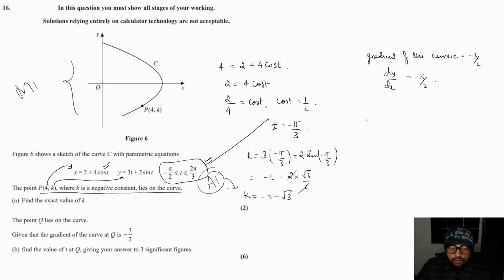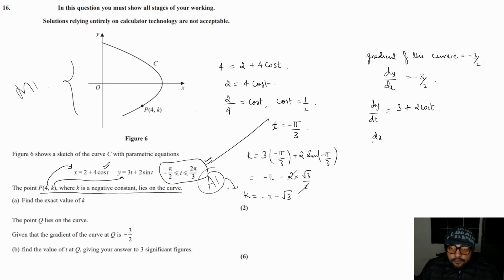Now come to the parametric equation. In the y and x both components, we can say that it is the parametric equation in terms of t. So dy by dt we need to calculate. dy by dt will be equal to 3, differentiating y with respect to t, and here we will get cos t.